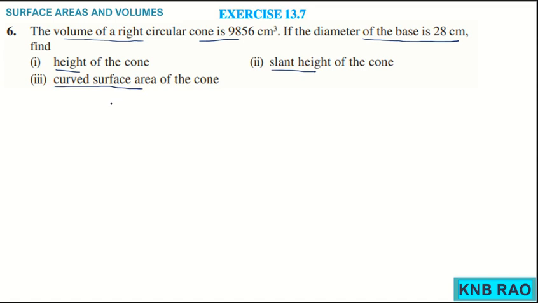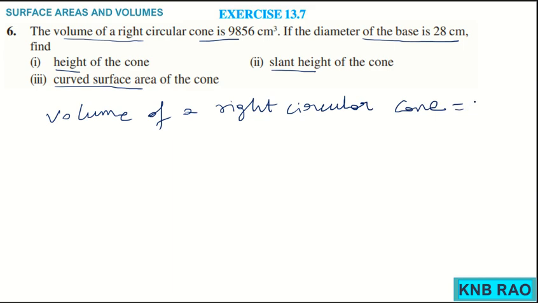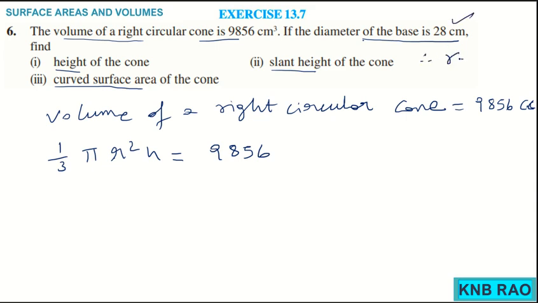Now the volume of a right circular cone is 9856 centimeter cube, where it is found with the formula 1/3 pi r square h equals 9856, whereas diameter of the base is 28, therefore radius will be half of it, that is 14 centimeter.